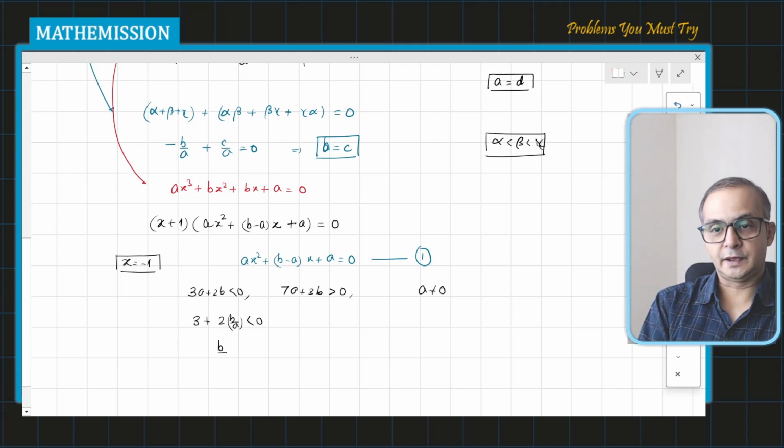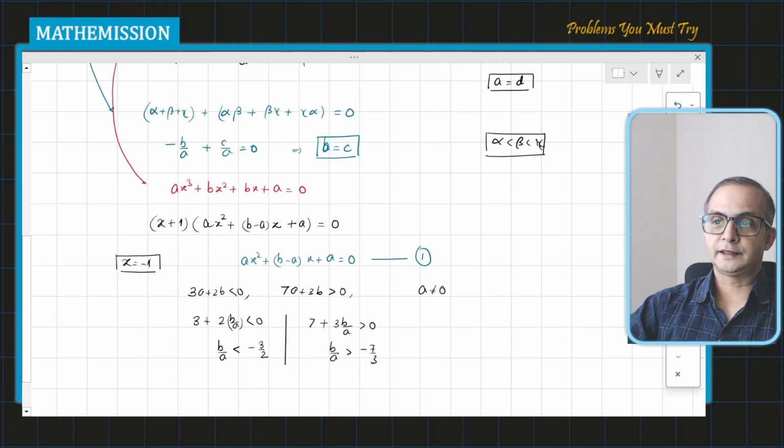Therefore I can write b by a is lesser than negative 3 by 2. And here I again divide by a, so this will give you 7 plus 3b by a greater than 0. So b by a is greater than negative 7 by 3.